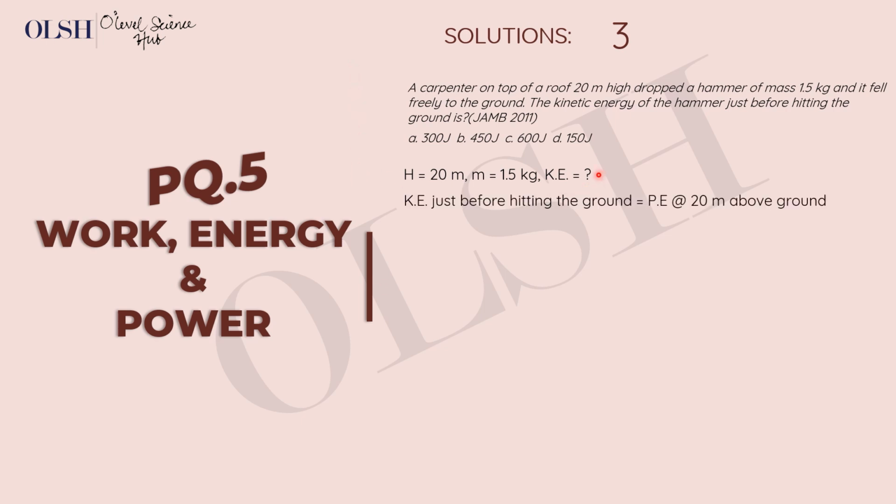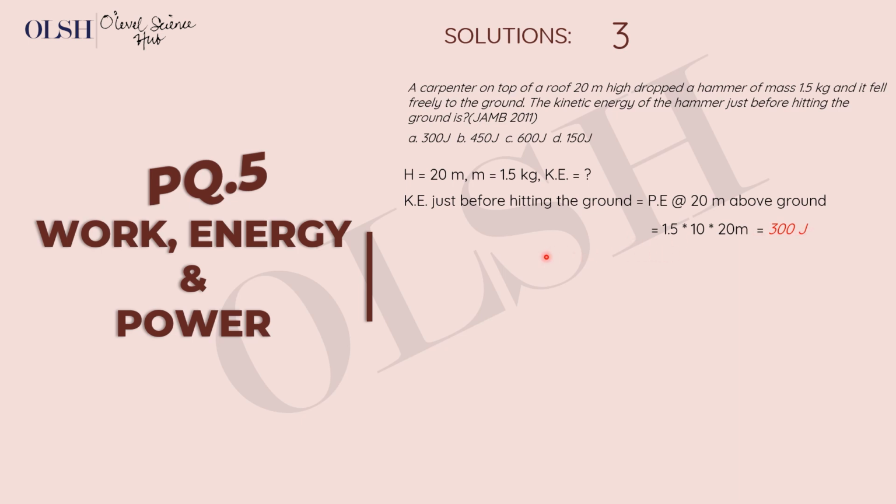So knowing that kinetic energy just before hitting the ground is potential energy at 20 meters above ground, we bring in our values. Potential energy can be found with mass times gravity times height. So putting in the parameters, we have 1.5 kilograms times 10 meters per second squared times 20 meters, and that will give us 300 joules.